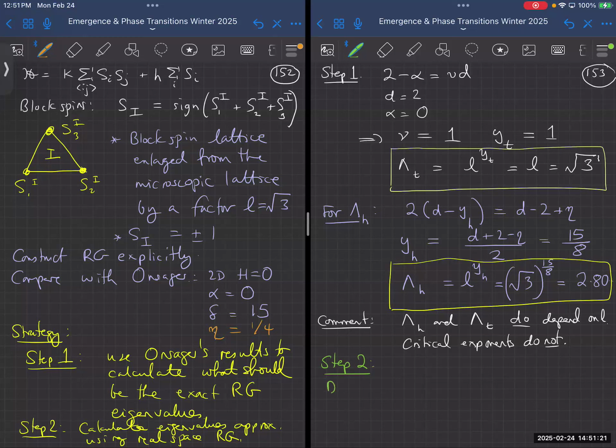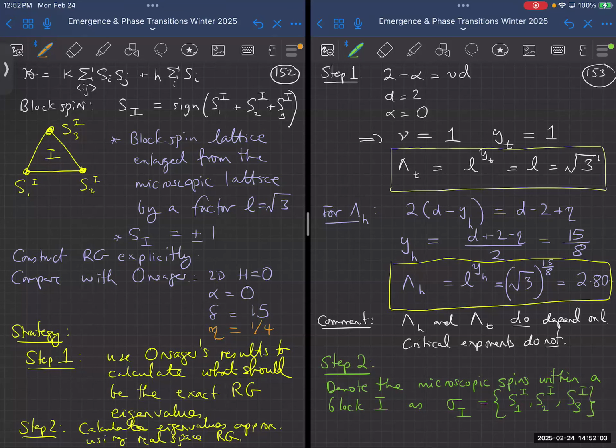I'm going to denote the microscopic spins within a block named I. Just to save writing them, I'm going to call them sigma I. So when I write down sigma I, what I mean is the vector S1I, S2I, S3I.